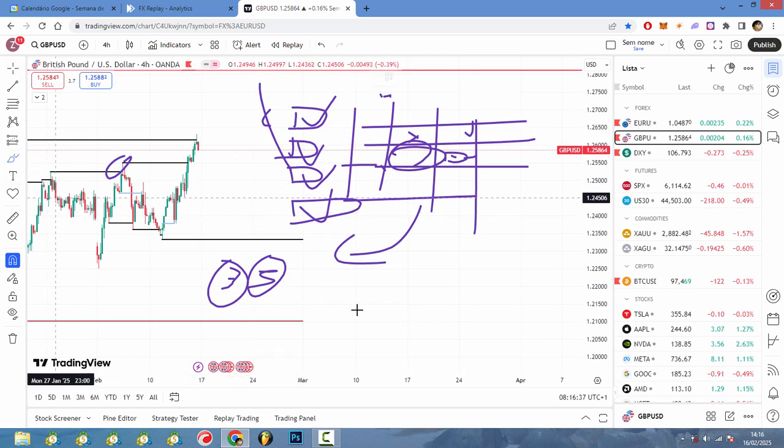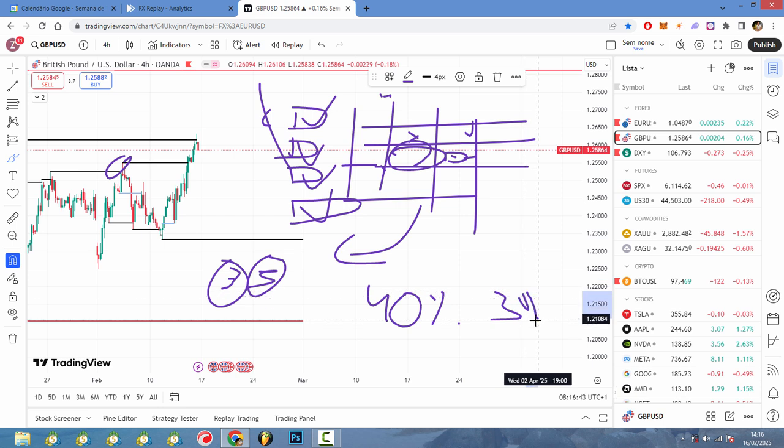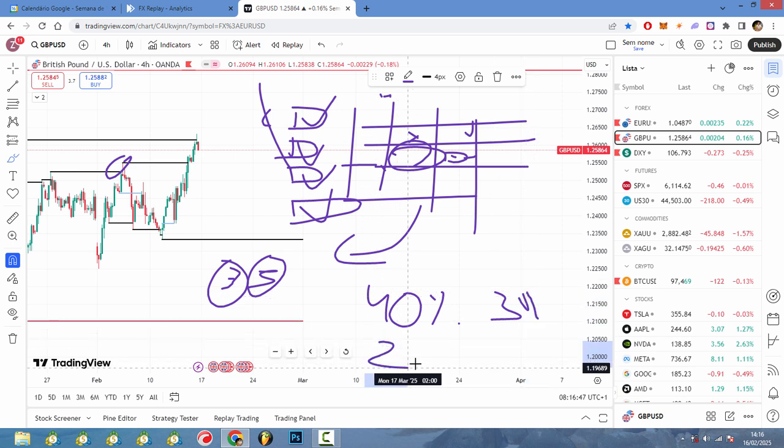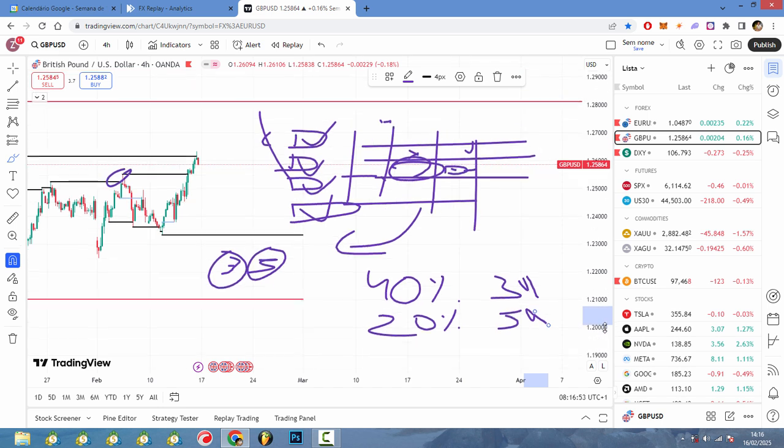Well, if my win rate is 40% for 3R, and then it's maybe like 20% if I go for 5R, then make the calculation. This one will leave you with 2R.